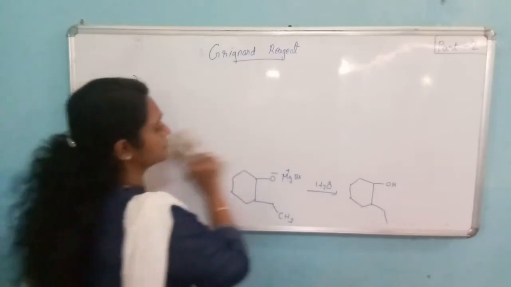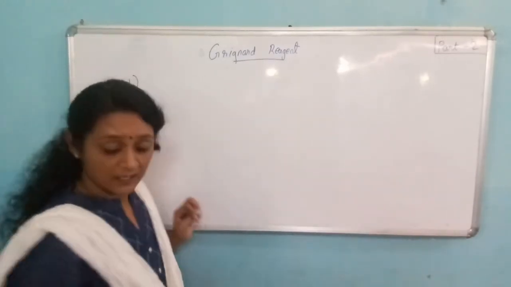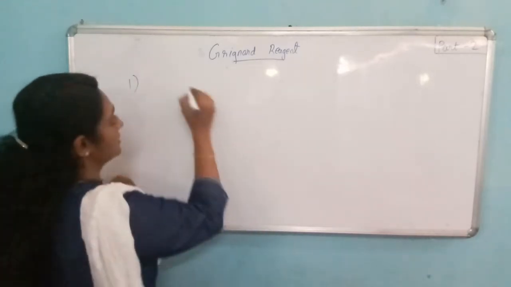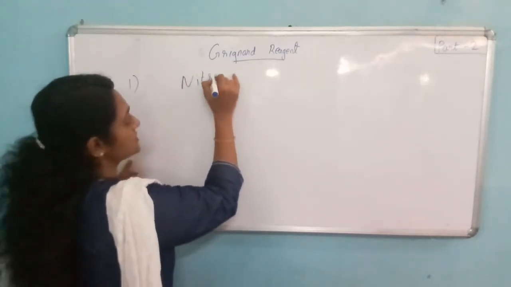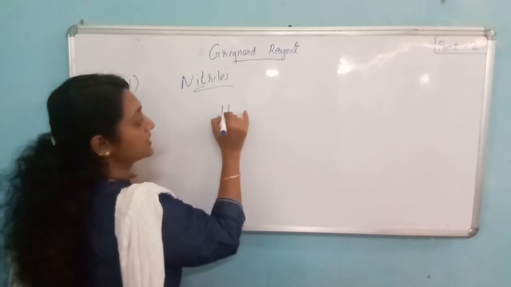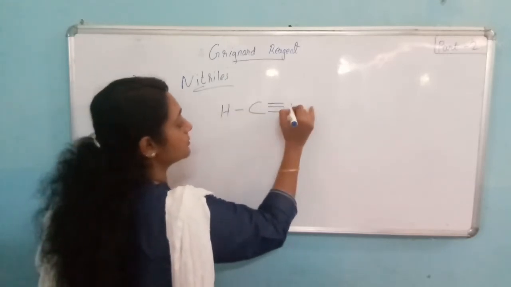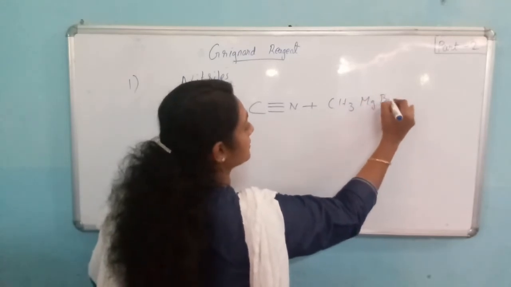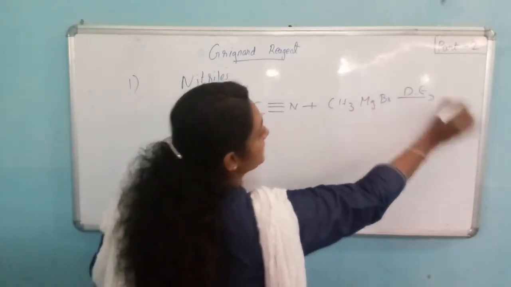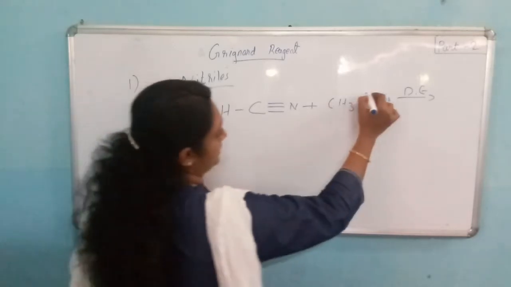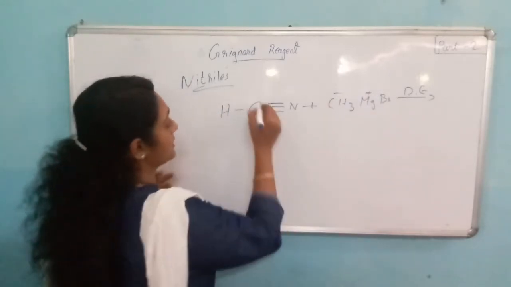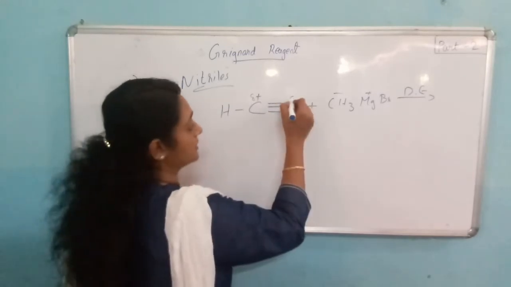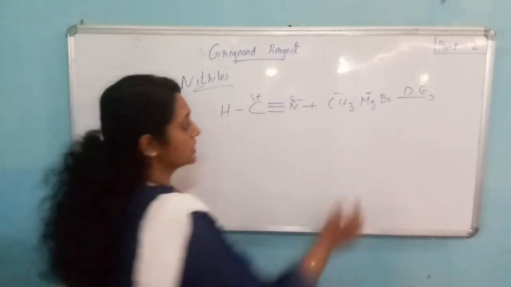Next, reaction of Grignard reagent with hydrogen cyanide or nitriles. Okay, this is the reaction with nitriles. First we take hydrogen cyanide, H-C triple bond N, and react with CH3MgBr in presence of ether. What will be the product? Mg plus, CH3 minus. Carbon is less electronegative, therefore it has delta plus, and nitrogen has delta minus charge.